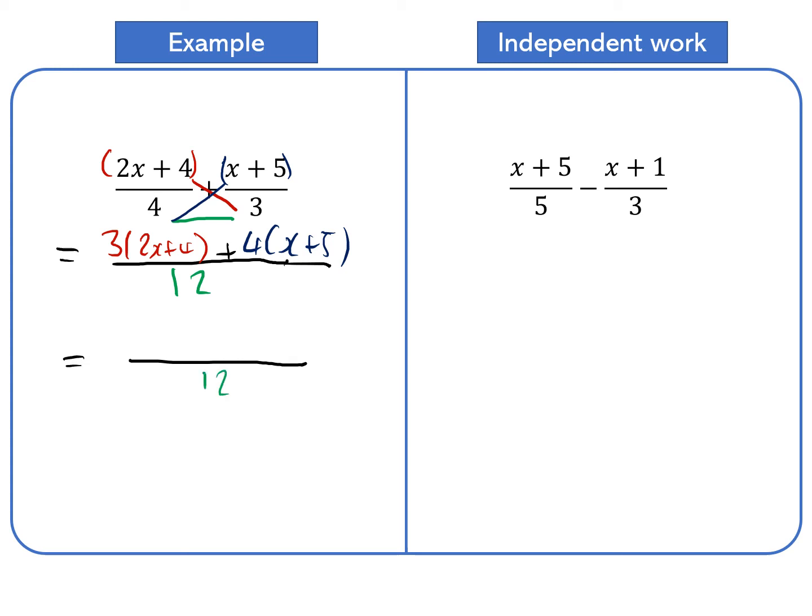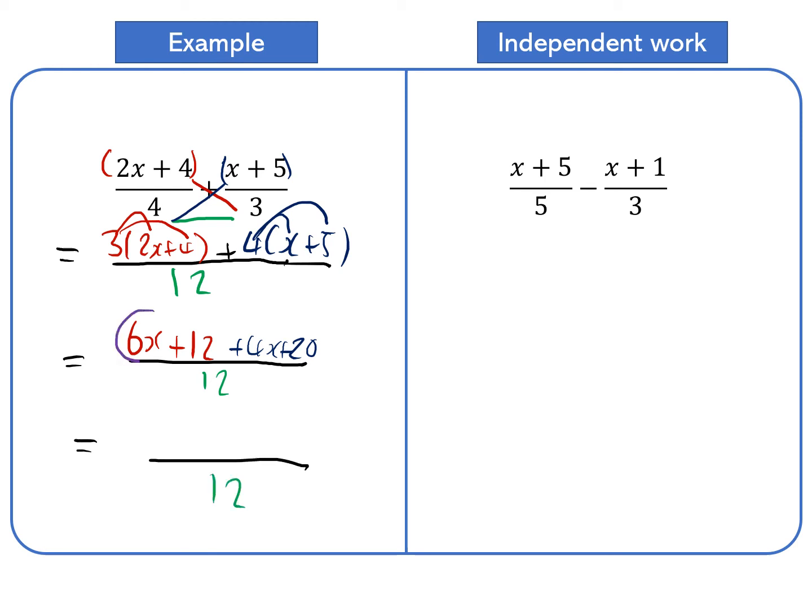Let's expand the bracket. 3 times 2x is 6x. 3 times 4 is 12. Let's multiply the next bracket out. 4 times x is 4x. That's a positive. 4 times 5 is 20. That's a positive. Now collect together like terms. Still got that 12.